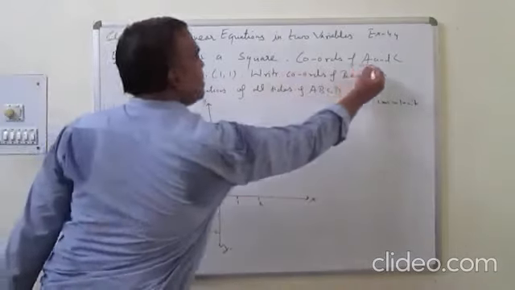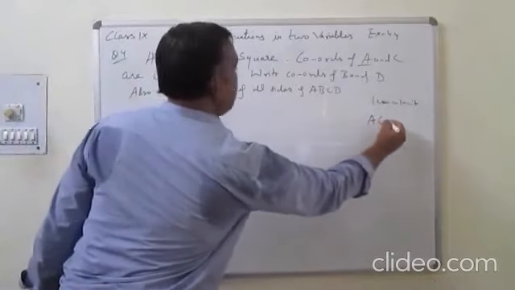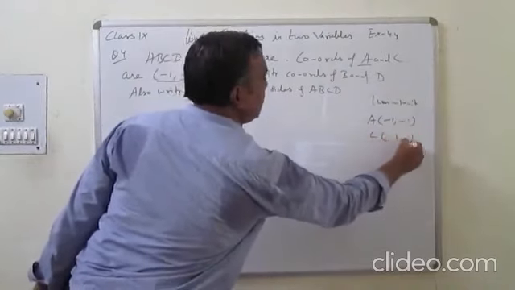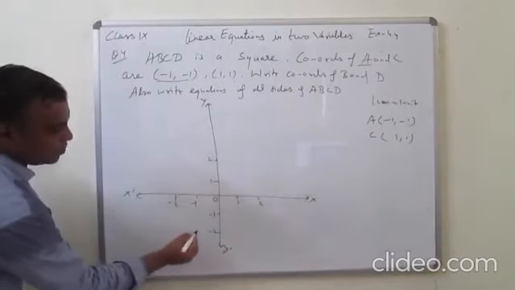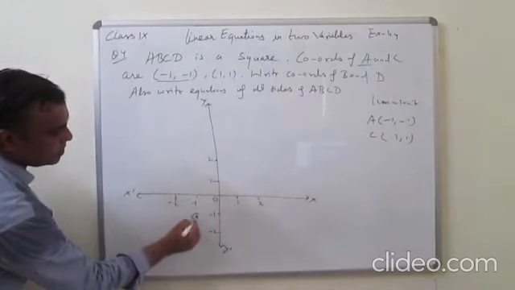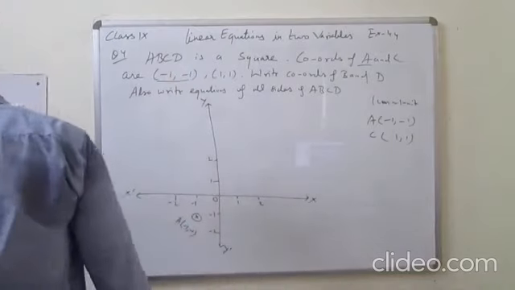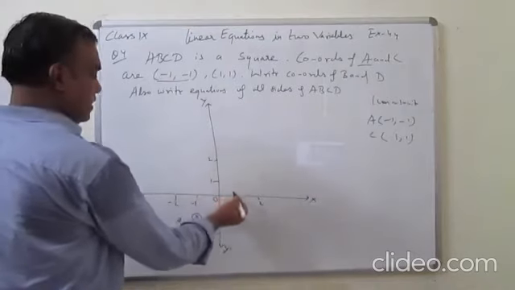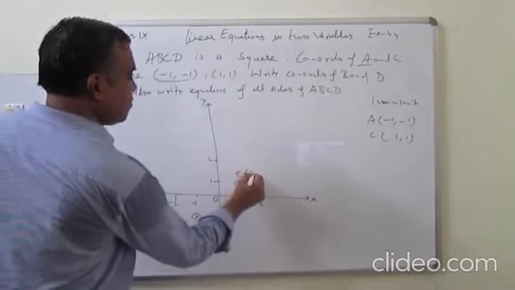A is given to you as (-1, -1), and C is given as (1, 1). So A is (-1, -1), it comes in the third quadrant. This is A. And (1, 1) is in the first quadrant. That is point C.